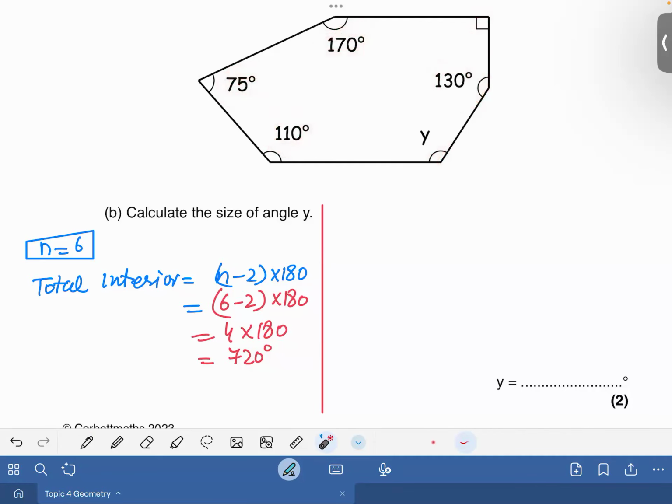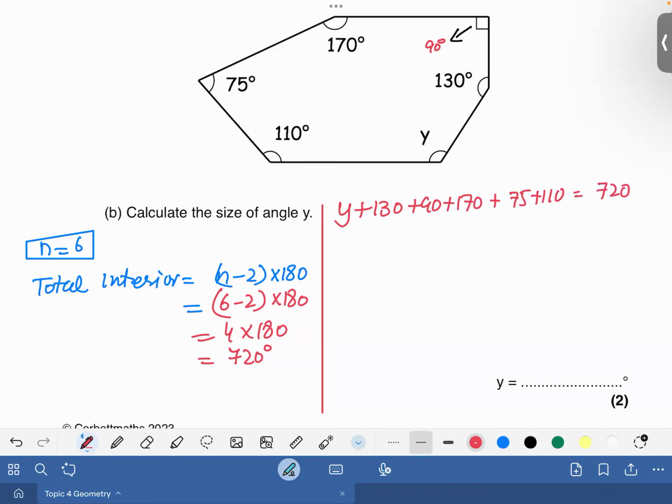Understood? Okay. Arsalan, this box means what? 90 degrees. So can I say that the sum of all of them, starting from y so we don't forget, y plus 130 plus 90 plus 170 plus 75 plus 110, should be equal to 720? Agree?